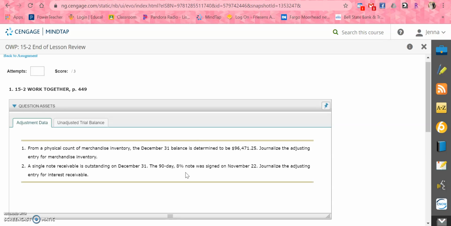Now, that is 39 days. So now I'm going to take it times 39 over 360. What I get then for interest is 69.33333. So I'm going to round that and I'm going to do 69.33.